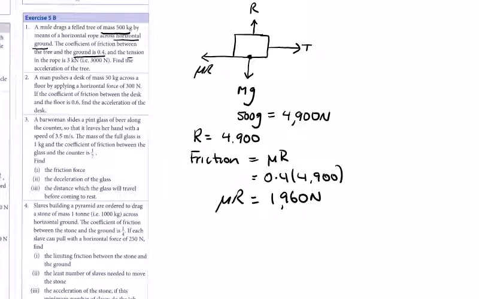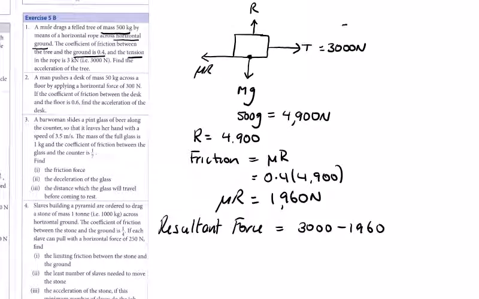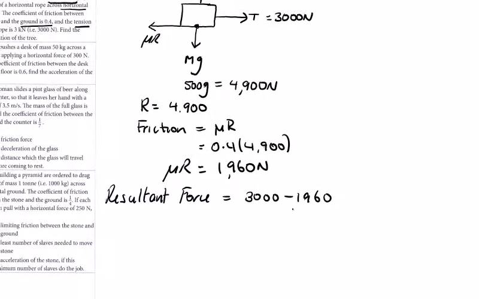We're also told tension in the rope is 3 kilonewtons, and that's 3,000 newtons. So my resultant force is equal to 3,000 minus 1,960. It's going in this direction. That's my F, and that's equal to mass times acceleration.